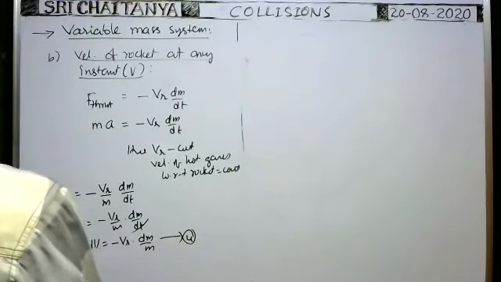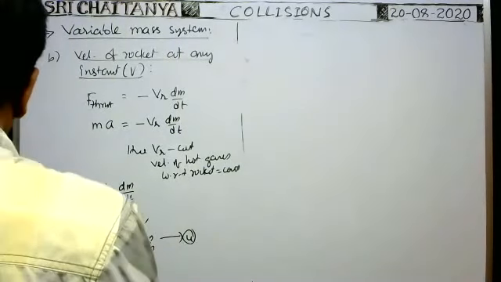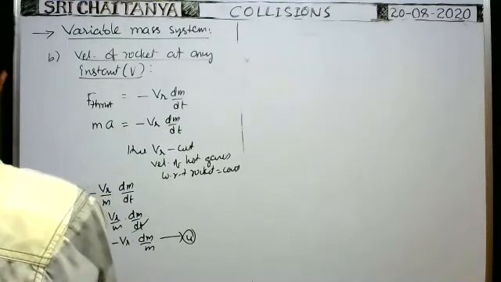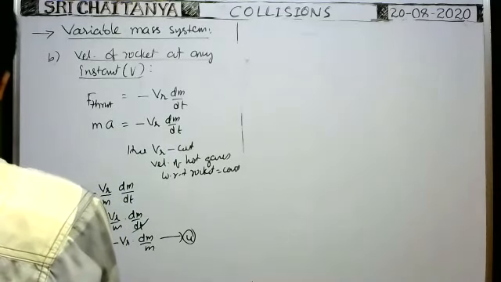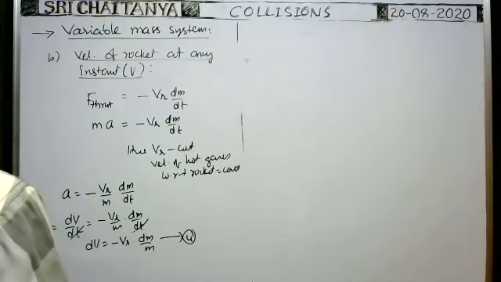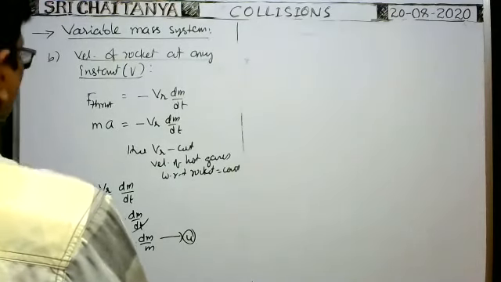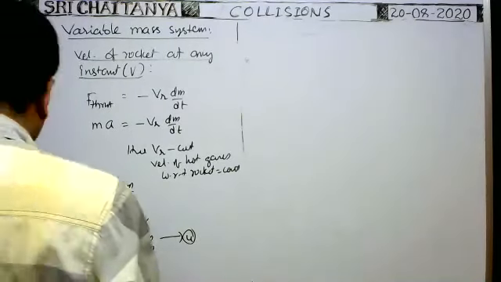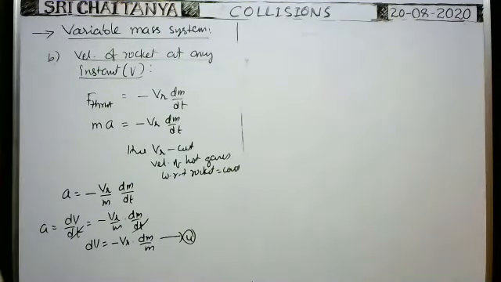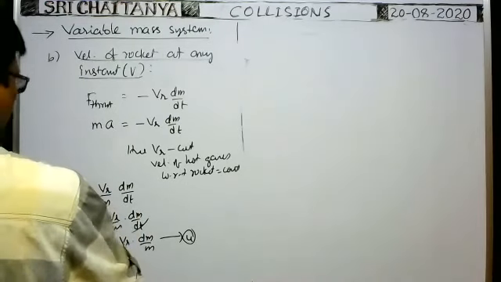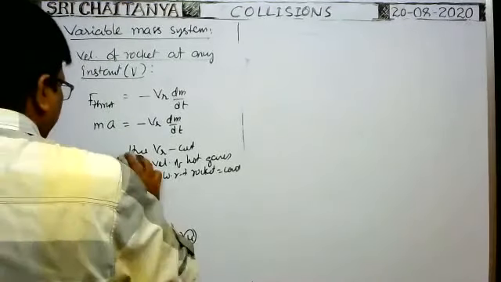Now dv is equal to minus Vr into dm by m. Before this, you write like this first: the thrust on the rocket, we got this one.